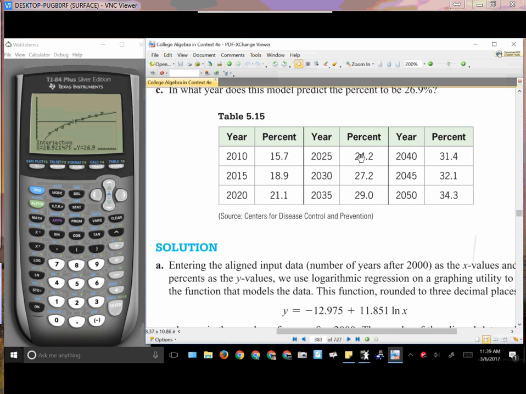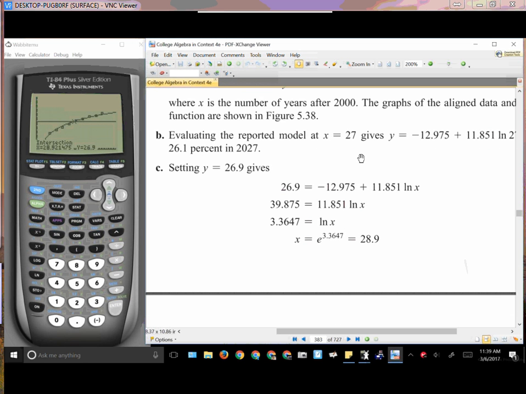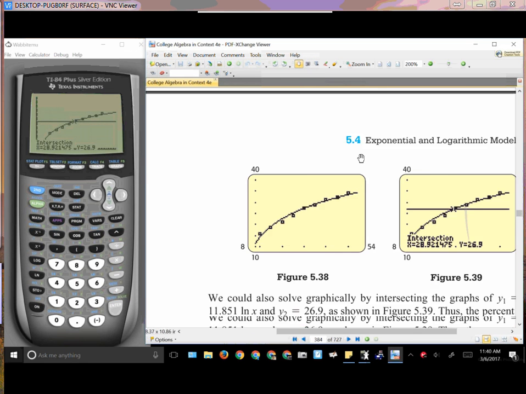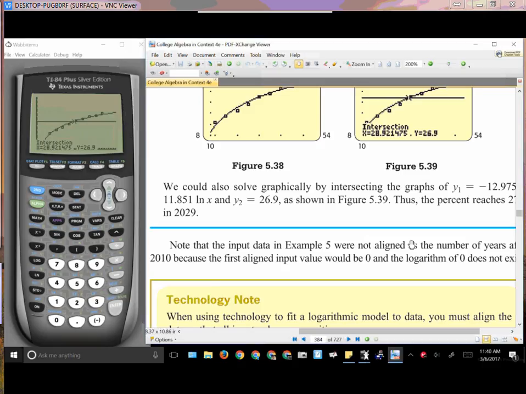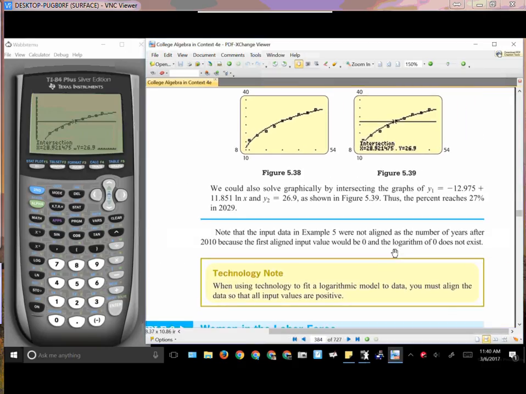Well, no. Did it say? What does it say? The percent reaches 27% at 2029. So did they round the information? Because we're using predictive functions here based on data that was given to us, the rounding, does that make sense?